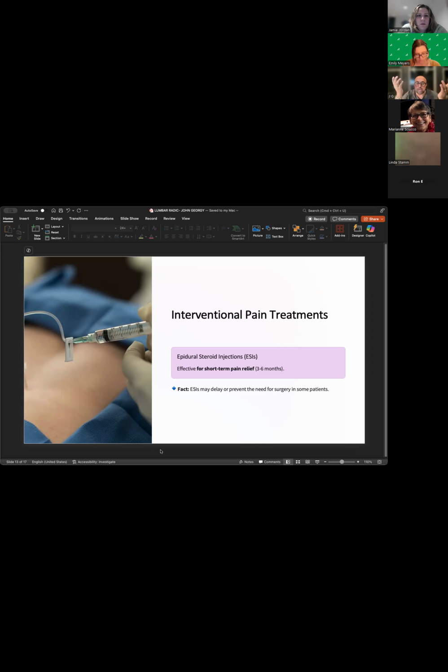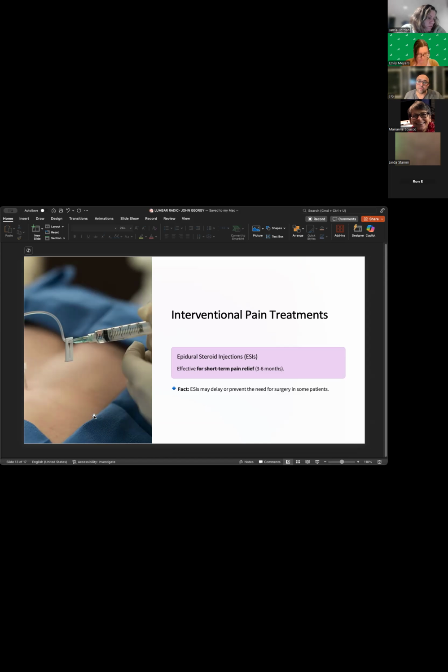So knowing that may be the case, I would always refer them to see the spine surgeon in the office, and together we have a plan and offer them a recommendation on which way they should go first. So it's nice to have that kind of continuity of care in the office.